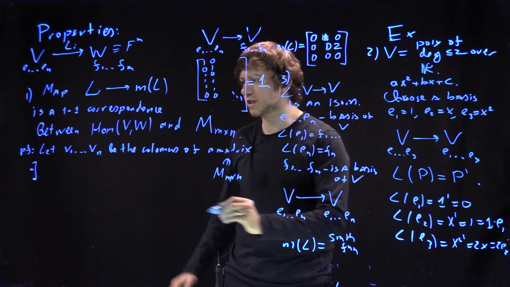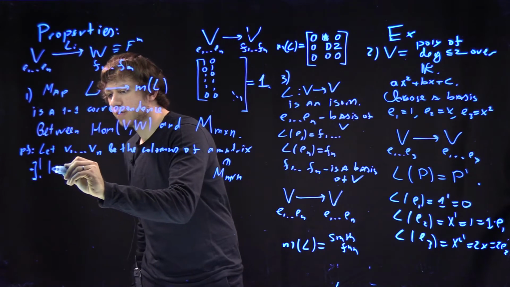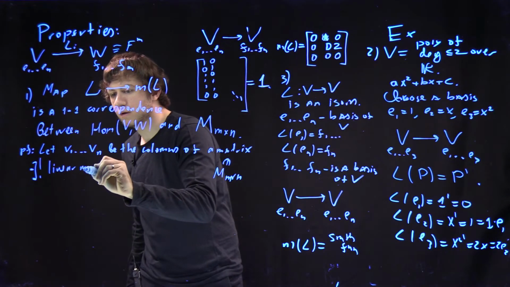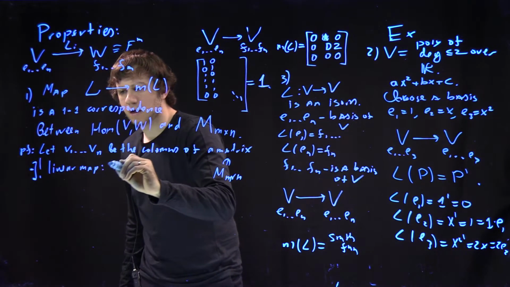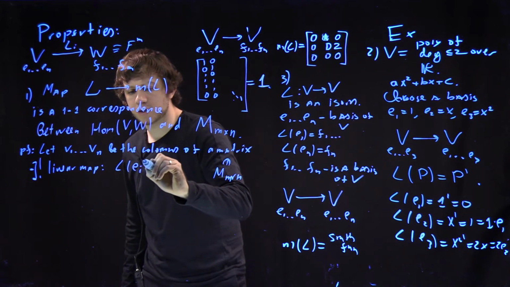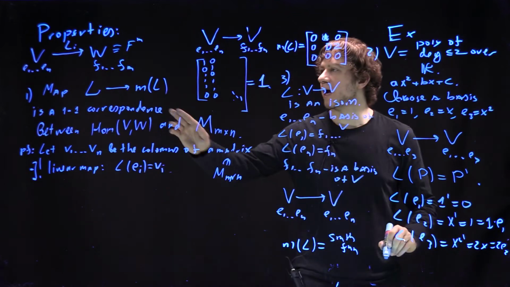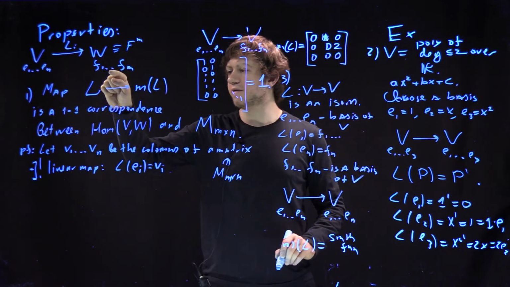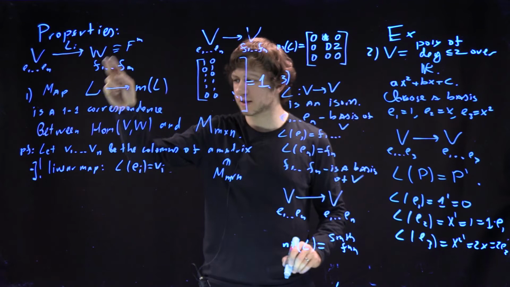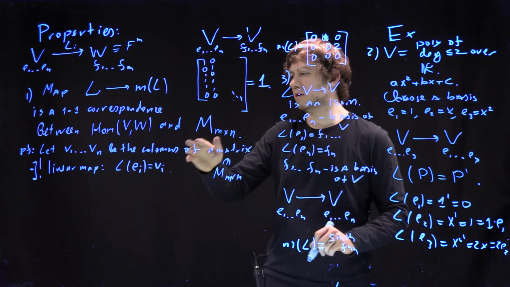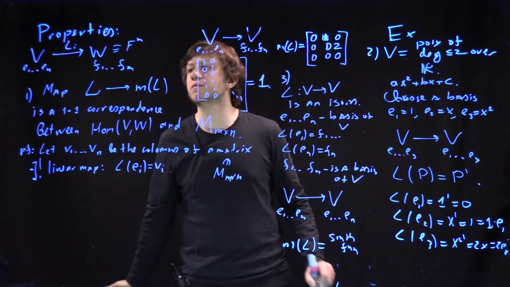And then there exists a unique linear map such that L of Ei equals Vi. That was the main theorem about linear maps. So if we have a basis here, and we have any n vectors here, which you can take as the columns of a matrix, then such a map exists and is unique.